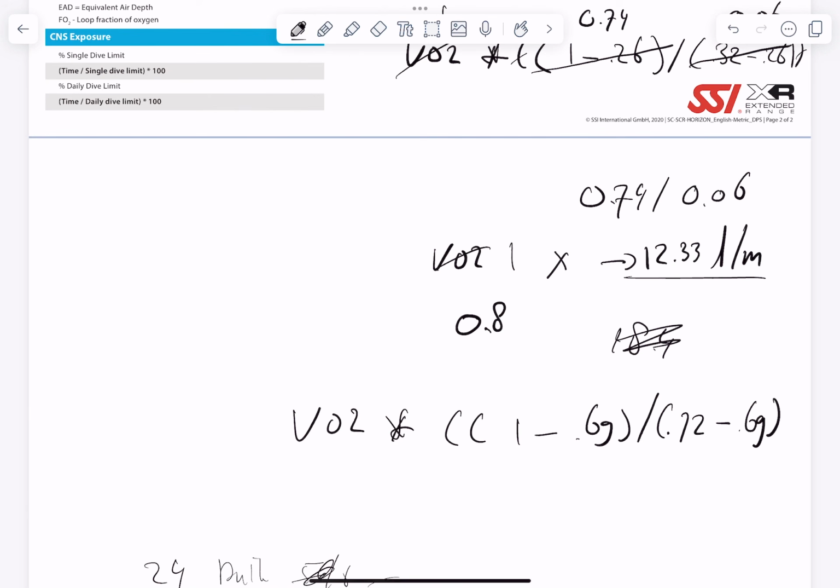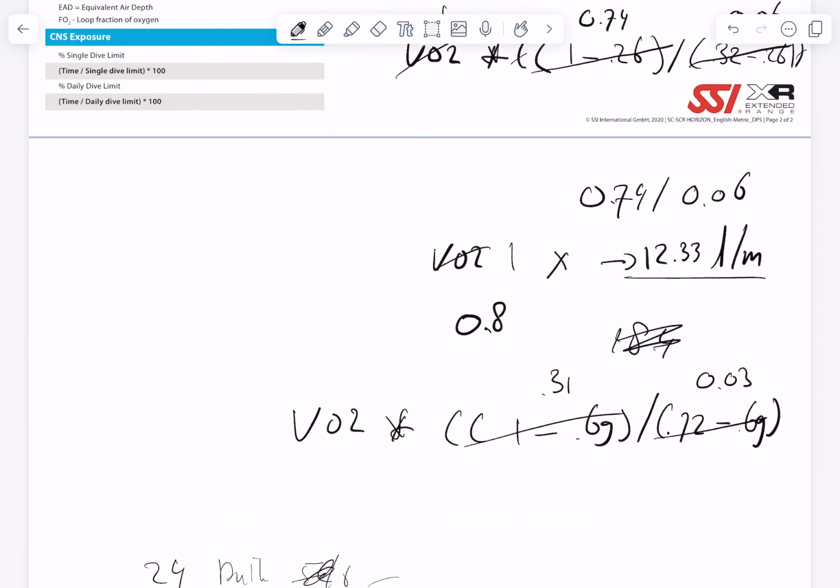Open your calculator. 1 minus 0.69 is going to be 0.31. So this one is canceled out. Then 0.72 minus 0.69 is going to be 0.03. So this one is done.